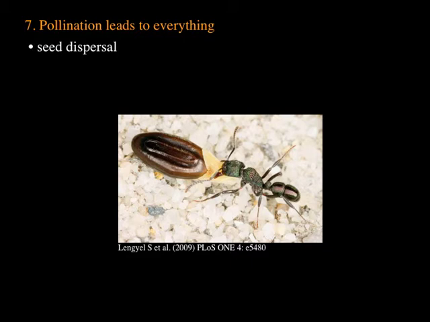So for instance, plants that have these little reward bodies on their seeds that attract ants, those belong to clades that are much more species rich than sister clades that don't have any special encouragement for ant dispersal. So ant dispersed seeds seems to be an important thing.